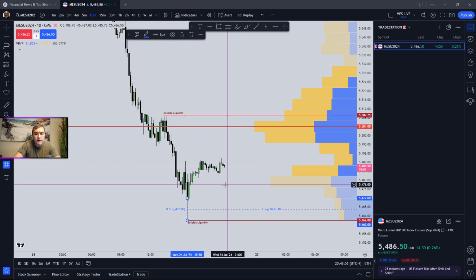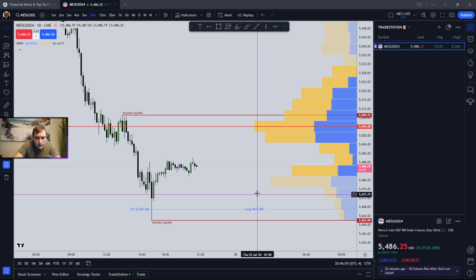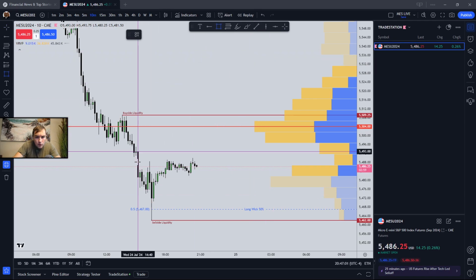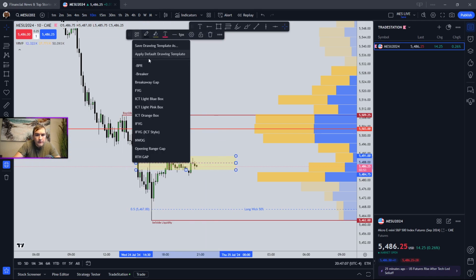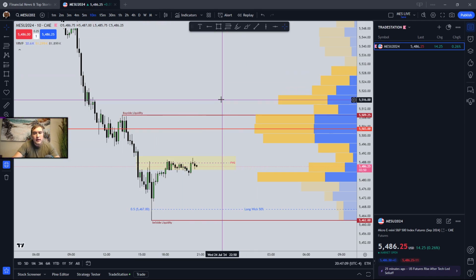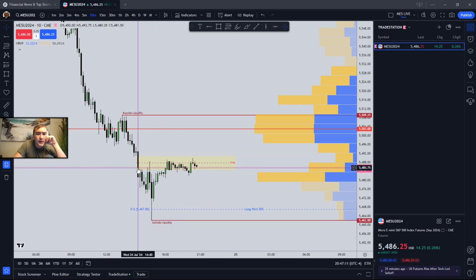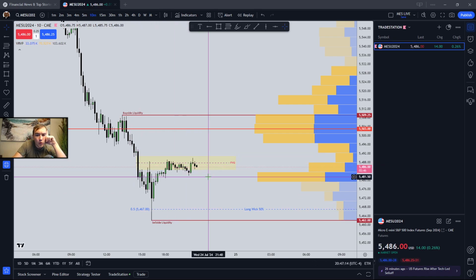Okay, long wick 50%, and we do have a sell-side imbalance, buy-side inefficiency here on the 10-minute chart. 10-minute chart just happens to be my favorite. Okay, guys, so sell-side imbalance, buy-side inefficiency here that the market has been working through.